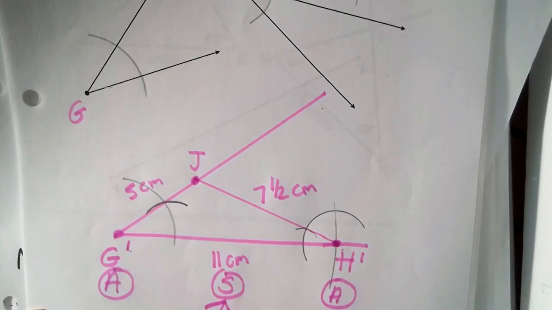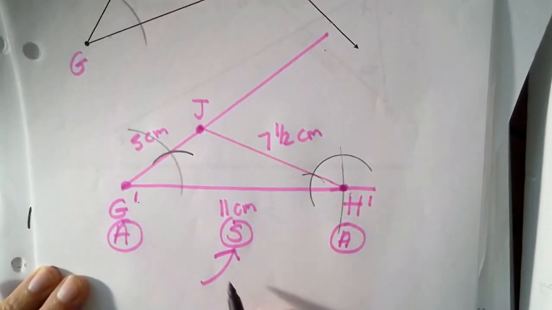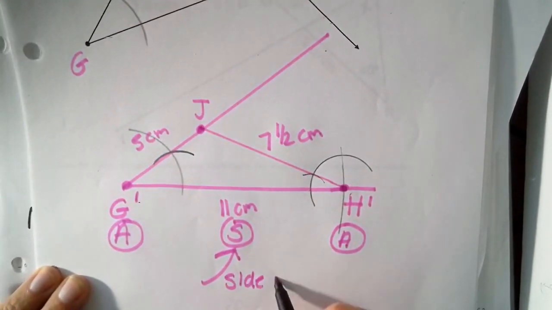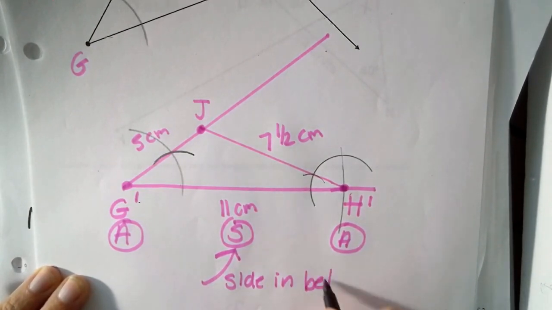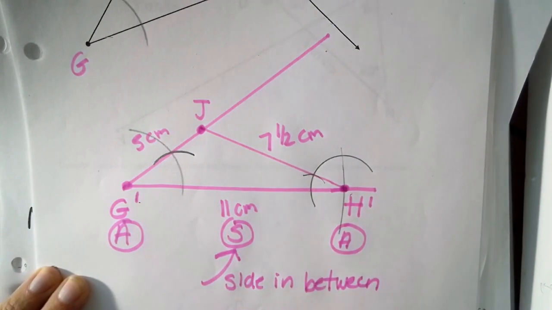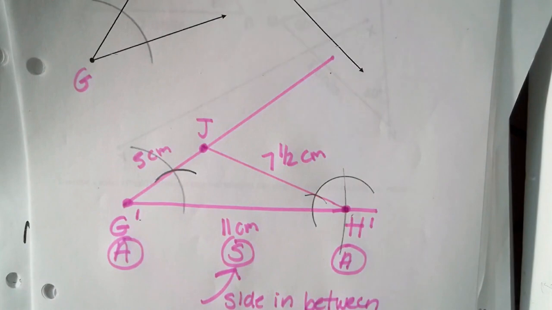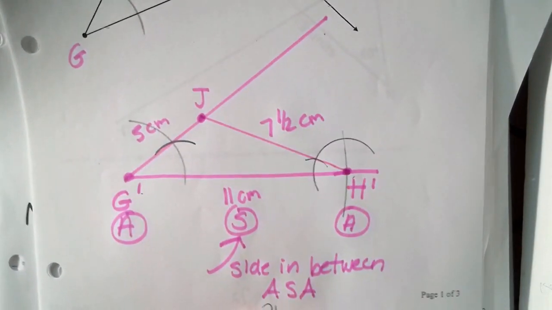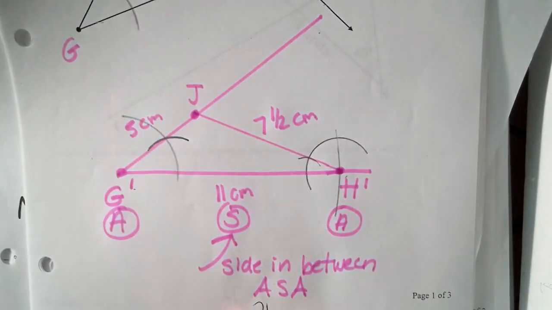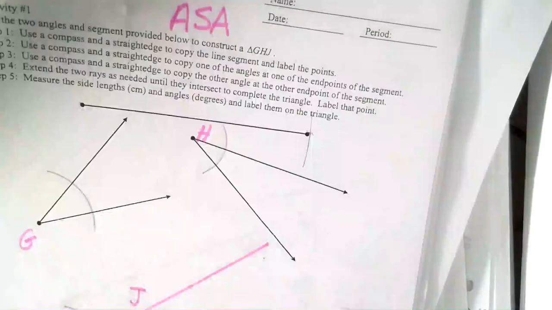It's really important that the side is in between the two angles. That's why it's angle, side, angle. It's the side in the middle of the two angles. When you're ready, turn the page.